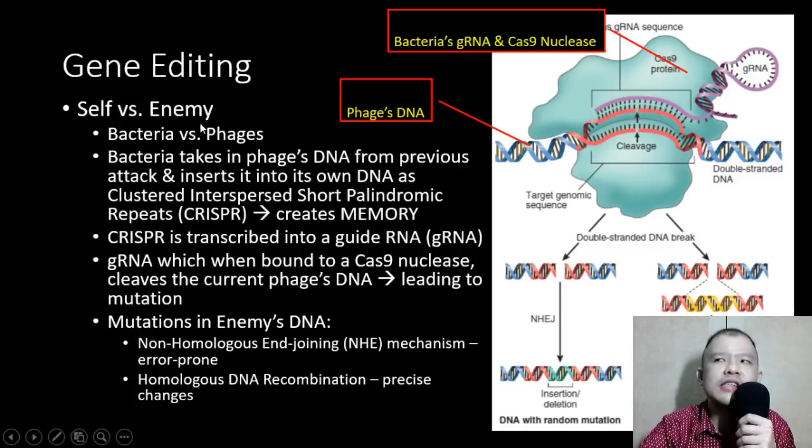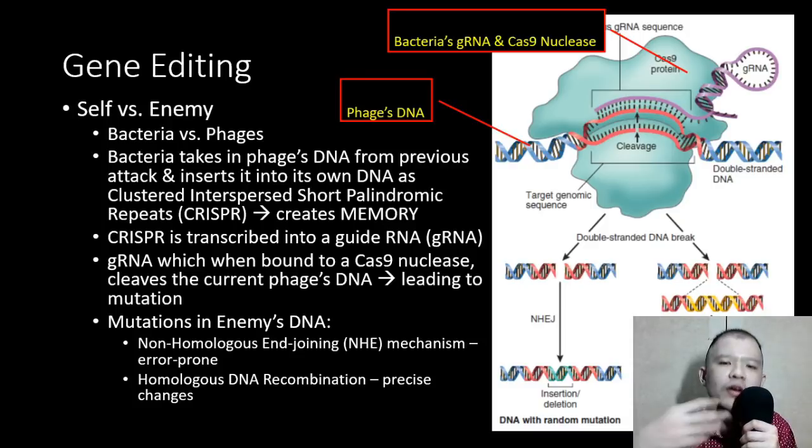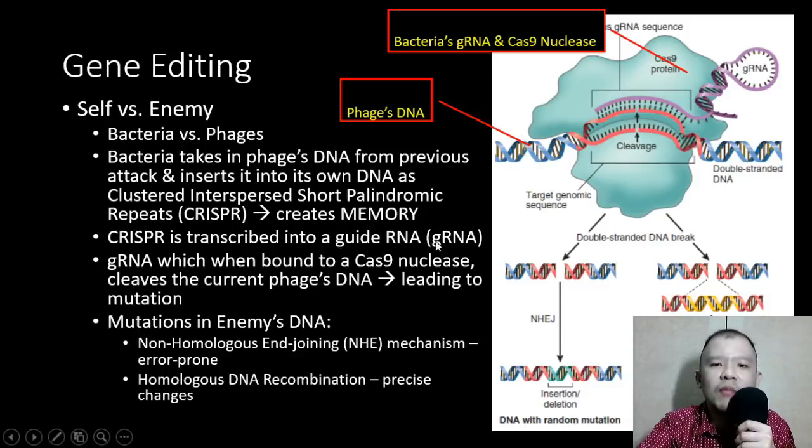What it does is that it takes the DNA of the previous virus that it encounters, and it incorporates the DNA of that enemy into its own in the form of clustered interspersed short palindromic repeats. So it has the CRISPR in its own DNA.